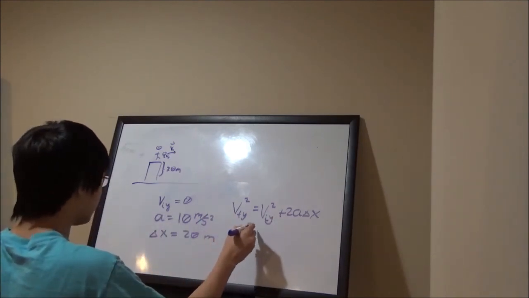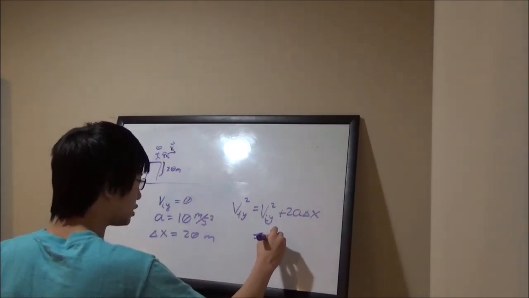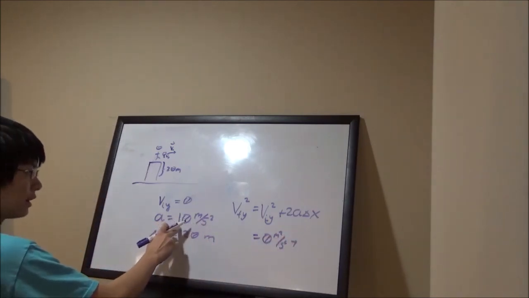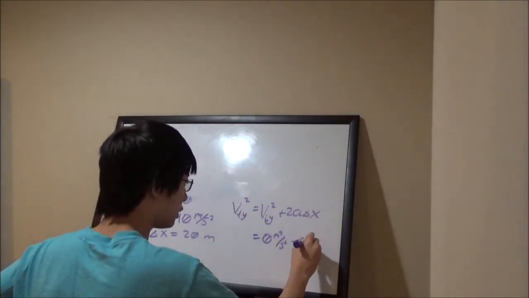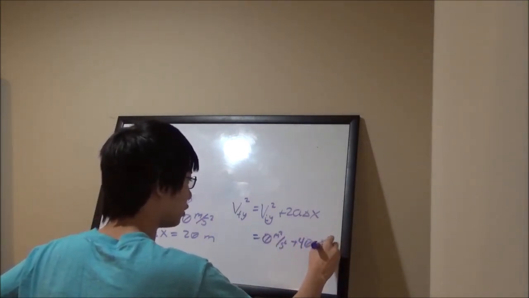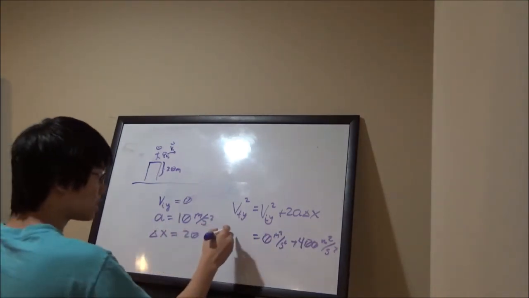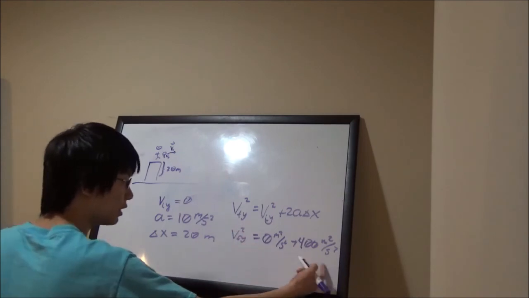Here we can plug in 0, so this turns into 0 meters squared per second squared plus 2 times 10 times 20. So that's 400. And what are the units? The units are still meters squared over second squared, meters per second squared times meters. So that means our Vfy squared is equal to this.